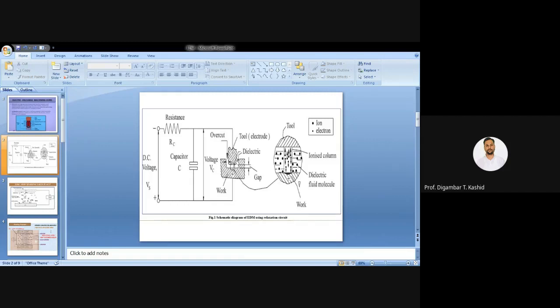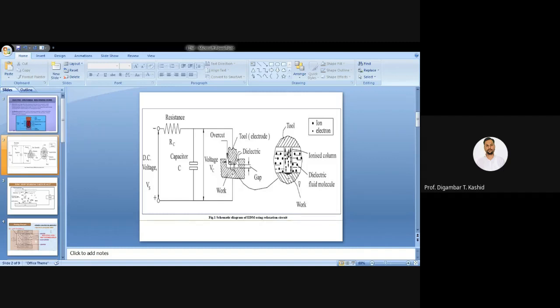Once again I repeat, when you apply the DC pulse power voltage, your capacitor will charge. And when your capacitor discharges, that discharging will happen through the dielectric, in between your tool and your workpiece.